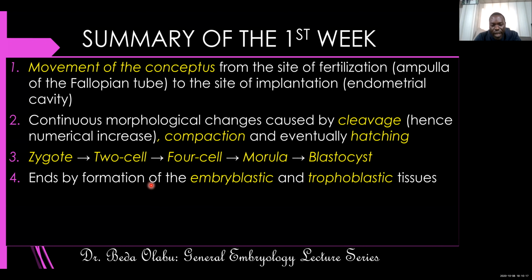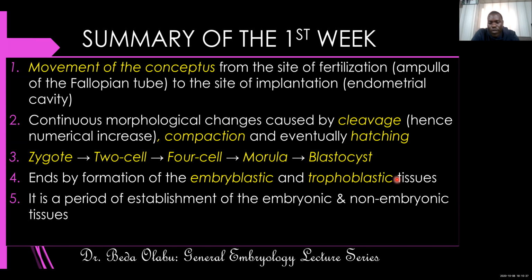Importantly, the first week ends when 2 populations of cells have been formed. The population of cells that will become the baby, and the population of cells that will constitute the placenta. So therefore, we can say that the first week of development is a period when we actually establish what will be embryonic, that's the inner cell mass, and what will be placental, that's the outer cell mass.